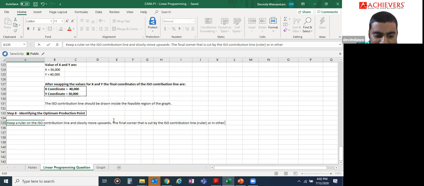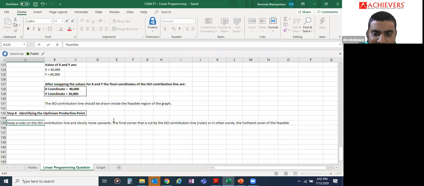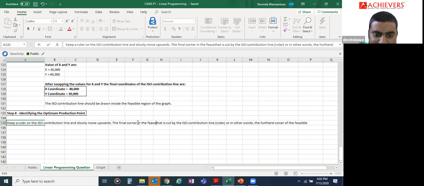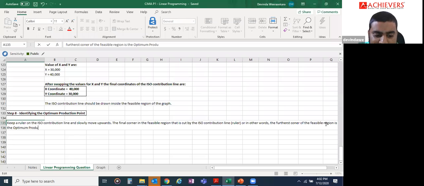or in other words, the furthest corner of the feasible region, is the optimum production point.